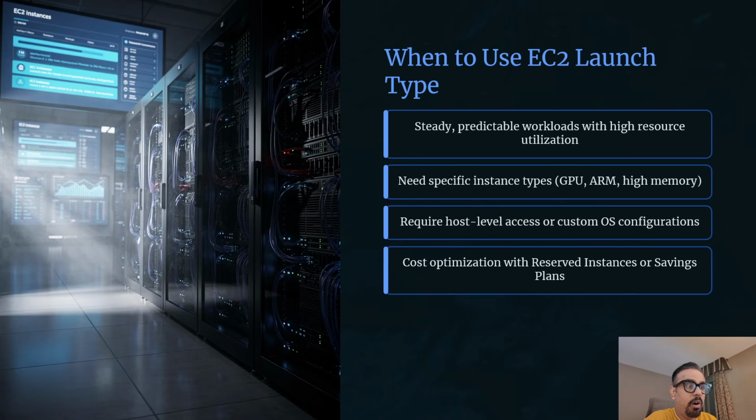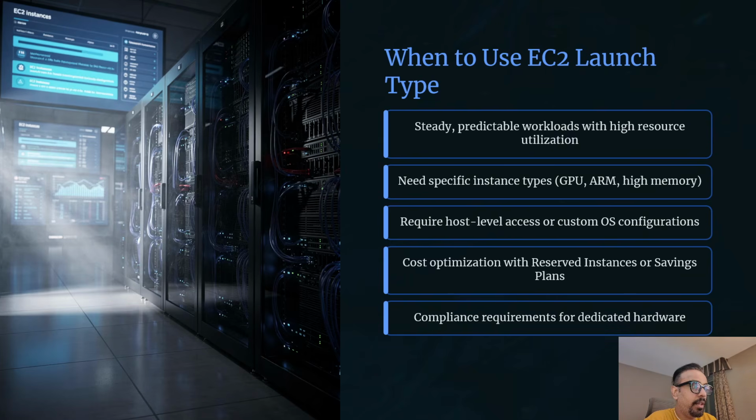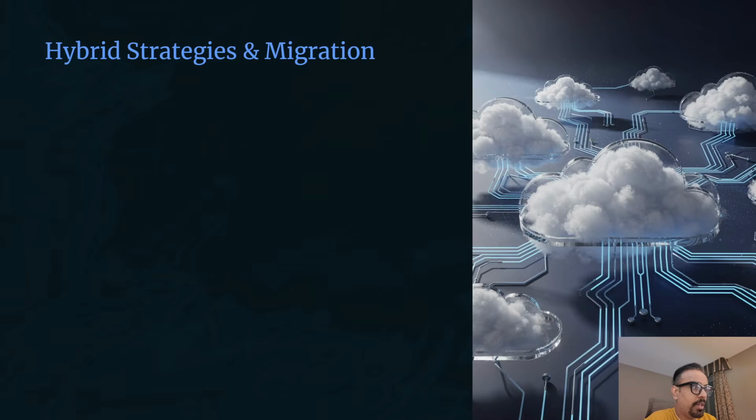Fargate doesn't offer reserved capacity. Some compliance frameworks require dedicated hardware or specific security configurations that only EC2 can provide compared to Fargate. Finally, if you have already created an EC2 infrastructure, adding ECS to an existing instance can maximize utilization without any additional cost to it.